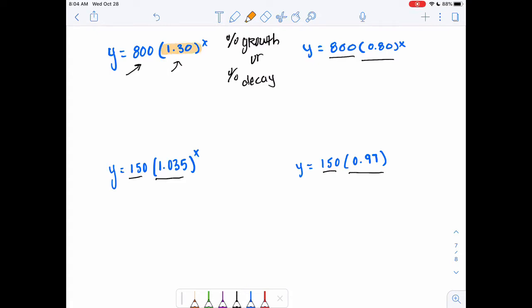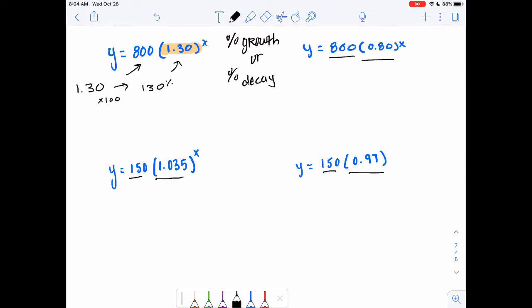So here's the multiplier, 1.30. I'm going to write it as a percent. So basically multiply it by 100 and see that it's equivalent to 130%. Now to figure out your percent growth or percent decay, figure out how far away from 100% it is.